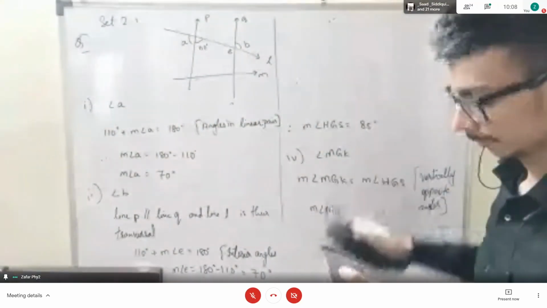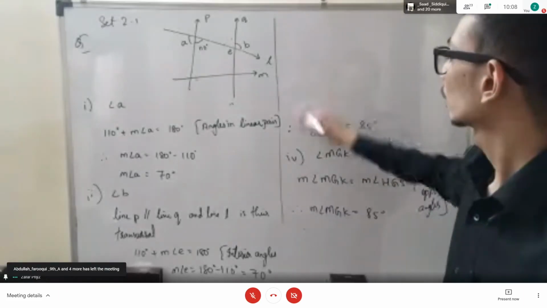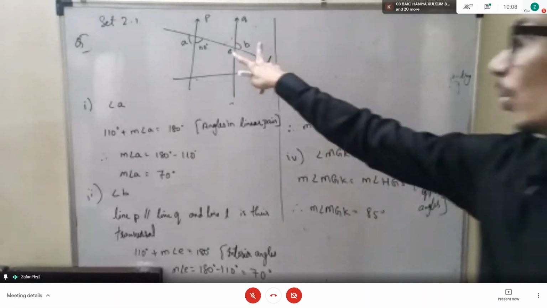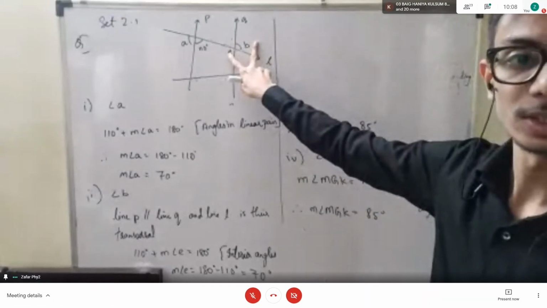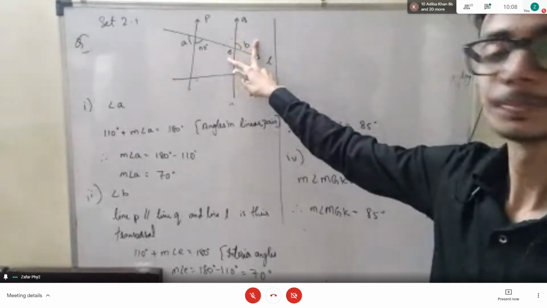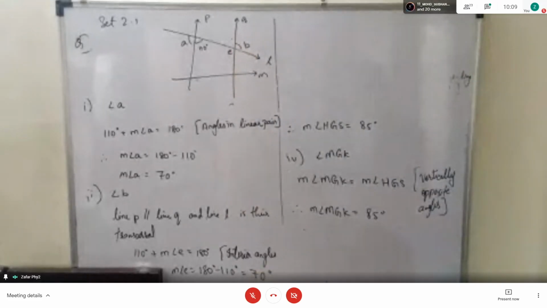Now we can say angle E is congruent to angle B. Measure of angle E is equal to angle B. The reason is vertically opposite angles.